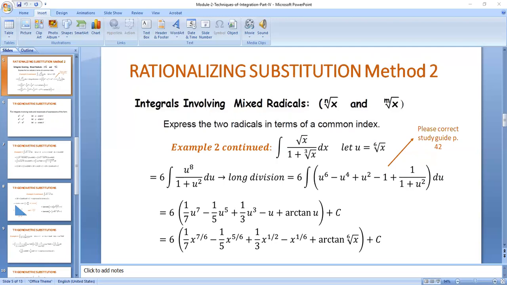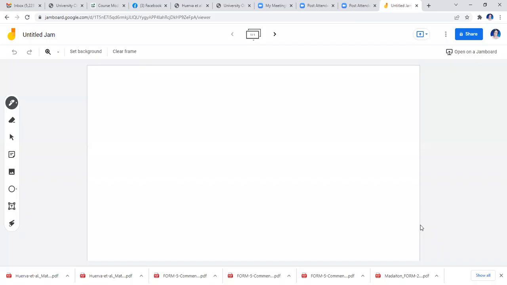Okay, I'll share Jamboard. I hope you can see the Jamboard. Can you see the Jamboard? Class? Yes. Yes, ma'am. So what you're going to divide is u raised to 8 by 1 plus u squared.